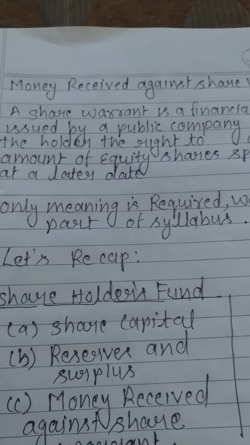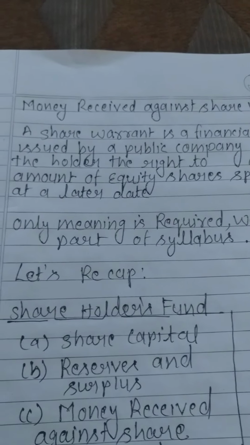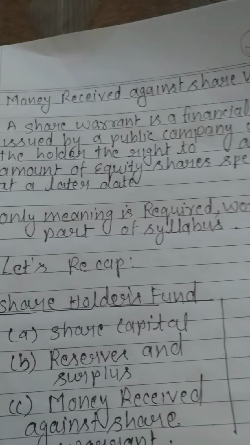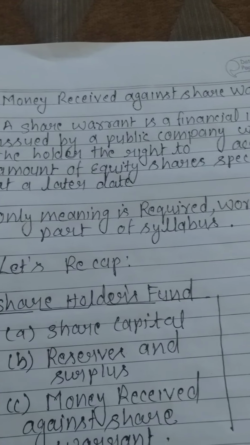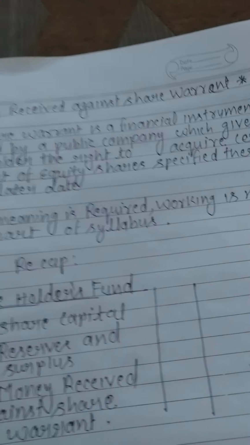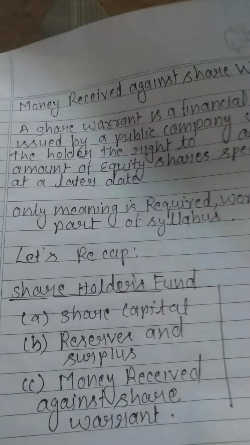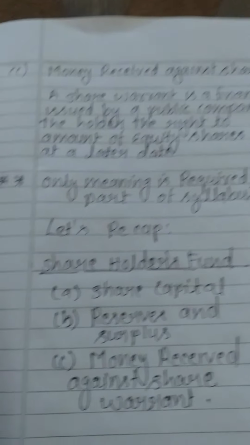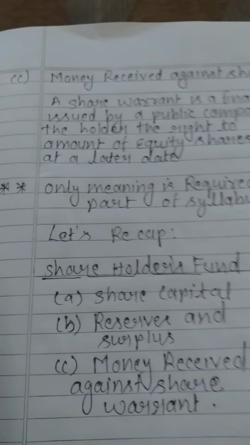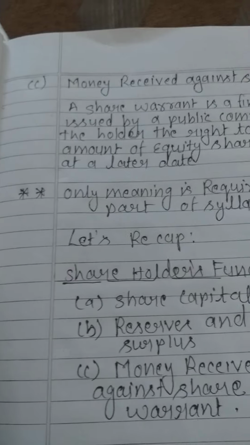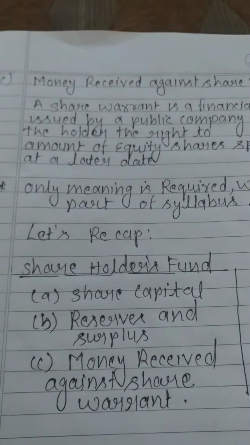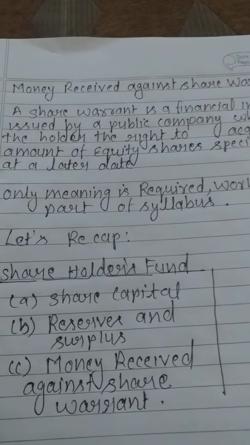That means this is not actually issued by the company, it is a type of promise that is given by the public company to its shareholders that in future the company will provide them equity shares at a specified rate. Now this heading is for name only, because the amount under this heading is not part of the balance sheet. It is marked by a double asterisk. That means only the meaning is required. Working is not a part of your syllabus.